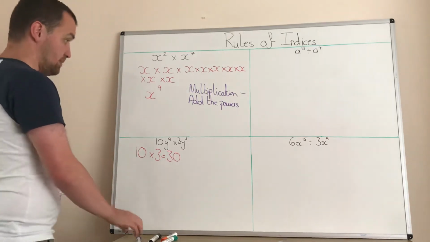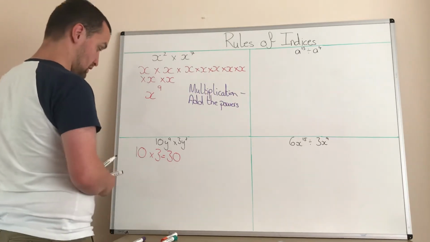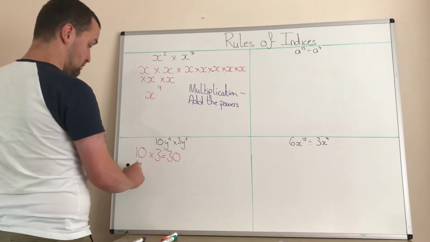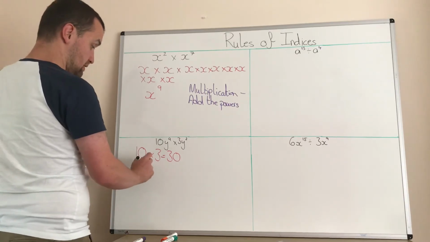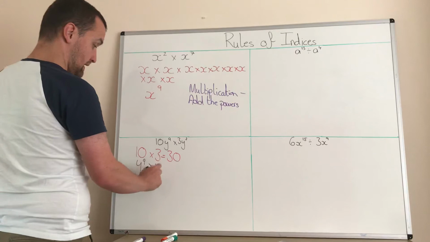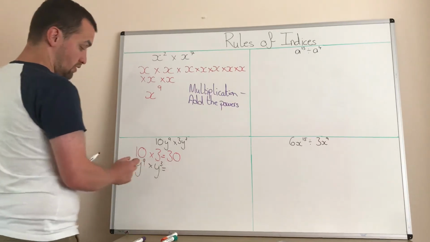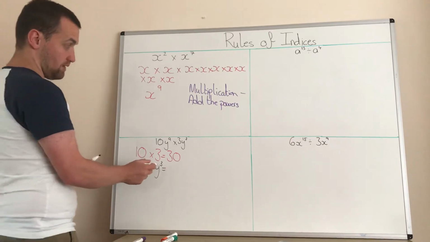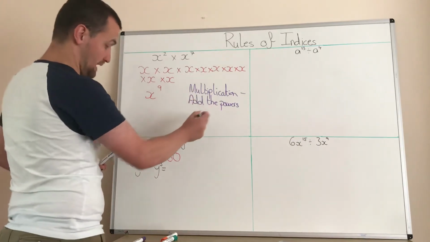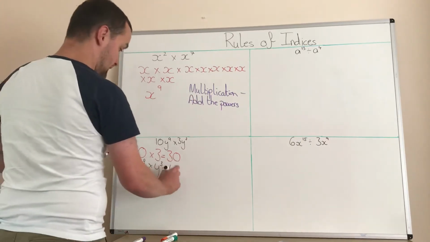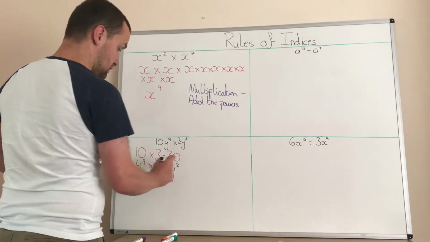Second part then is y to the power of 9 times by y cubed. We're multiplying, we add the powers, so we get y to the power of 12.